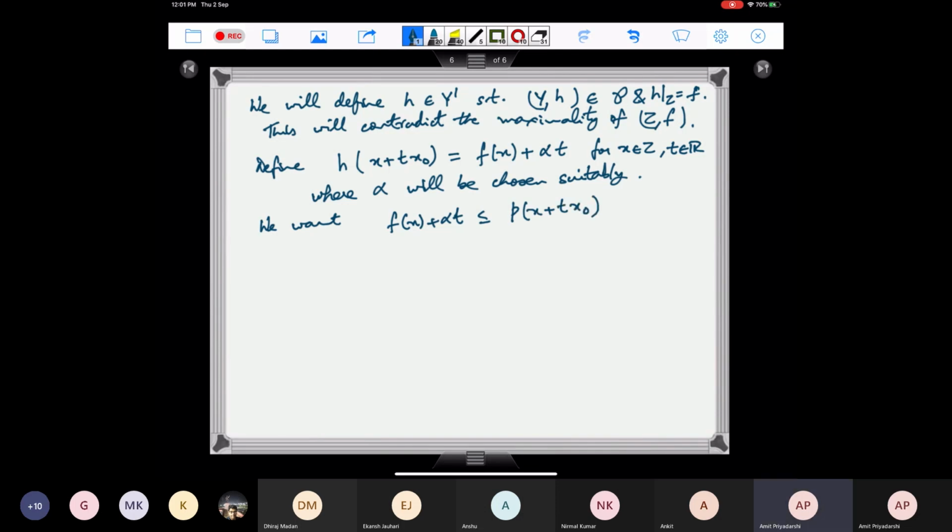Right, because this is my h of x plus t x naught, and we want it to be dominated by p. This should be true for all x in Z and t belonging to R.